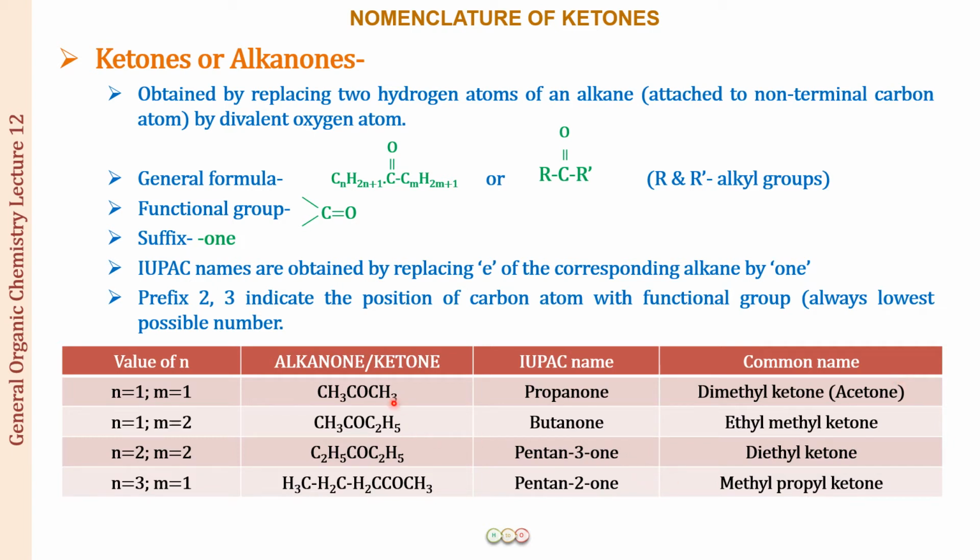So please remember the difference. Acetaldehyde is CH3CHO, a 2 carbon molecule, and acetone is a 3 carbon molecule. This is the difference. Children do make a mistake here, so please remember this very well.